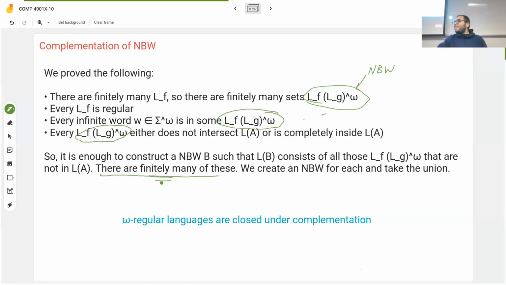Since there are finitely many, I just have to take the union of finitely many automata, and I know that I can take union.